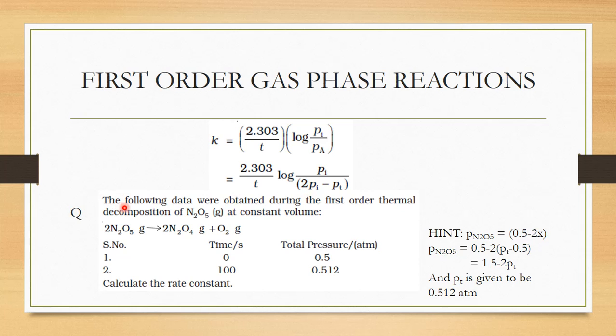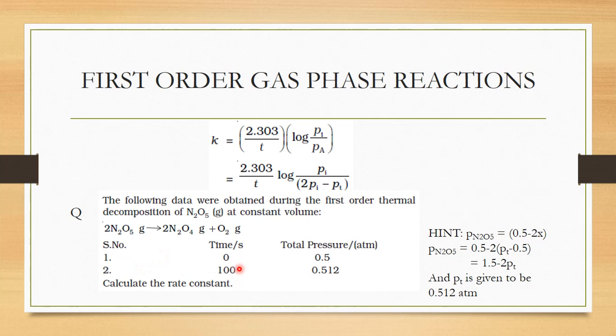Here is a question for you. The following data were obtained during the first order thermal decomposition of N2O5 at constant volume. Equation is given to you. At time t equals 0, total pressure. What is this pressure? This pressure will be the pressure of N2O5, because initially when time is 0, products are not present.